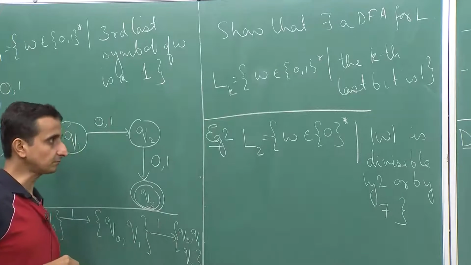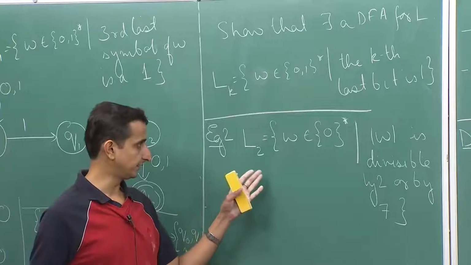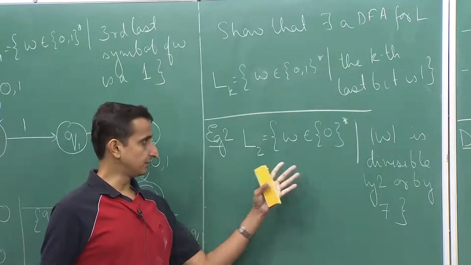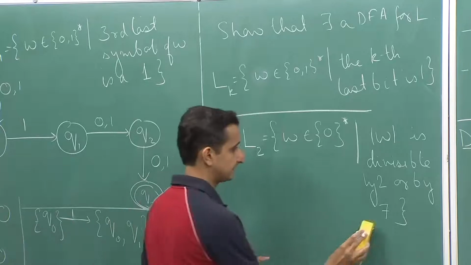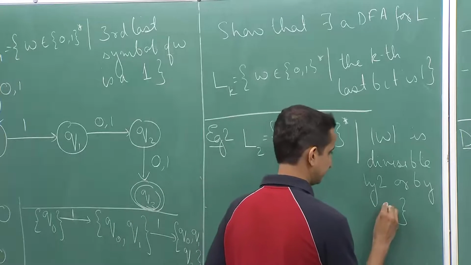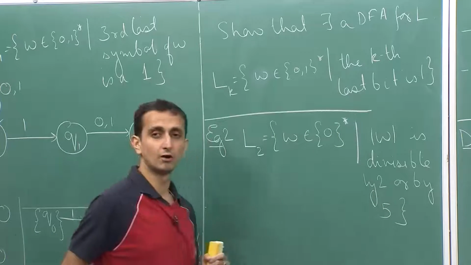So, how can you create an NFA for strings whose length is divisible either by 2 or, instead of 7, let us take 5, easier, 2 or by 5.